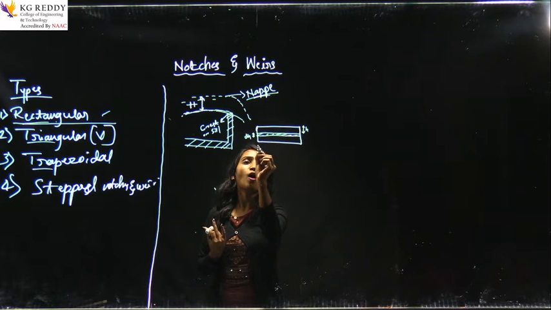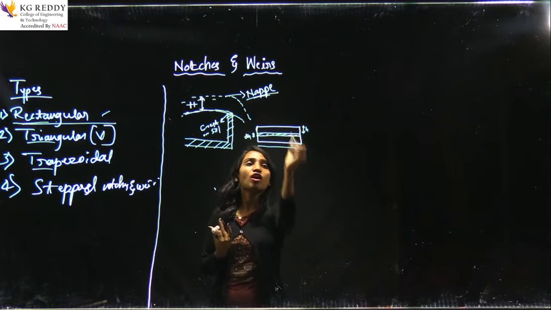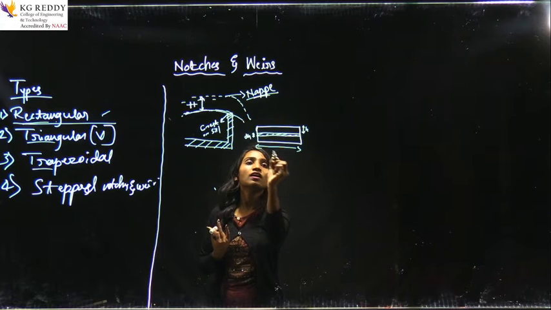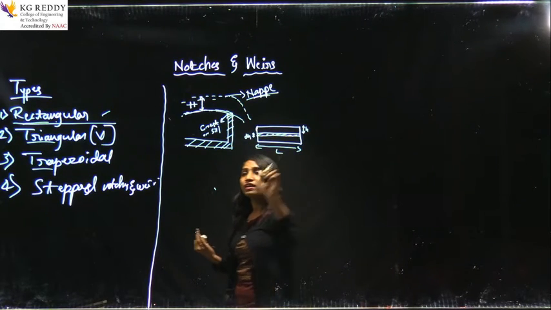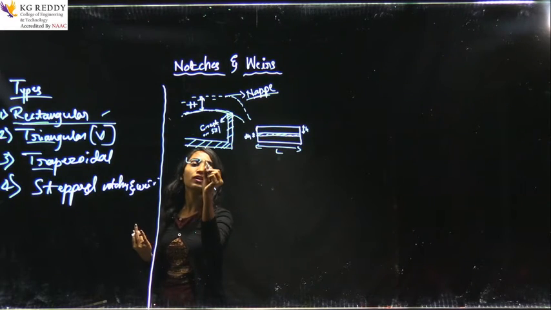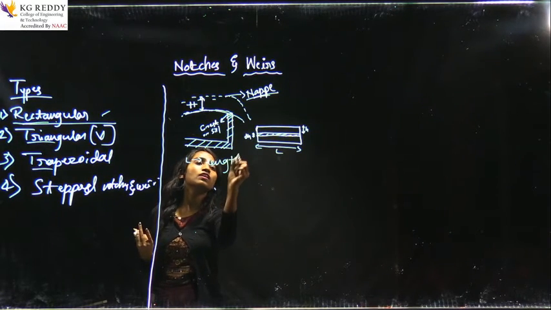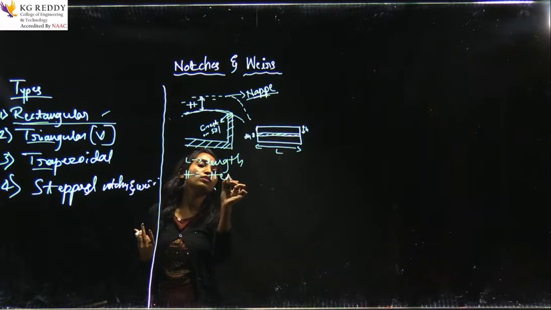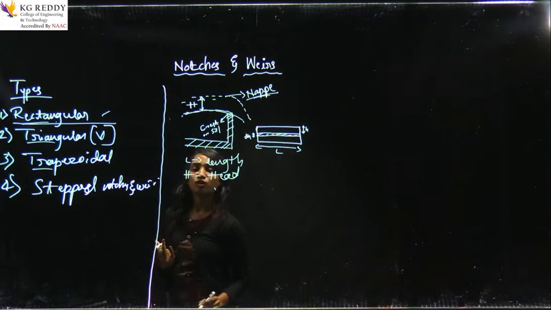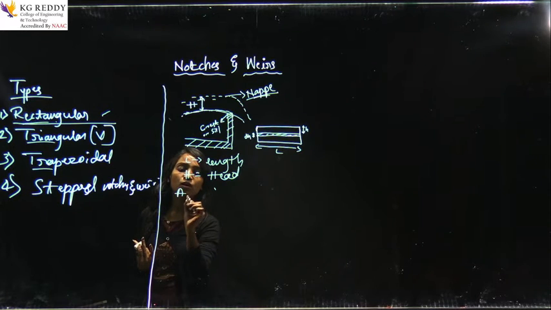The length of the notch or weir is L, and H is the head of the water. What is the area of the strip now?